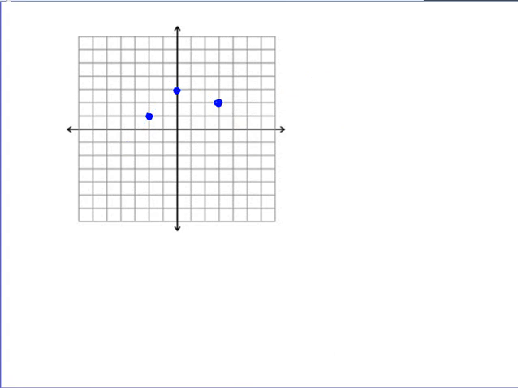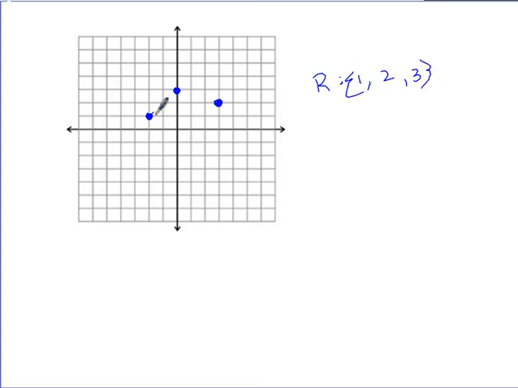Alright, now we're going to take that same graph and look at the range. So remember, domain is x values, range is y values. So again, if I just have the 3 points, then those actual y values are my range. So my range here would be 1. This one is at 2. And this one is at 3. So 1, 2, and 3, those are the points in my range.